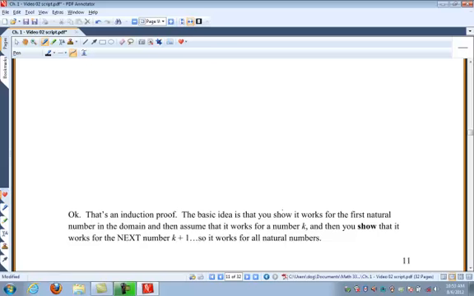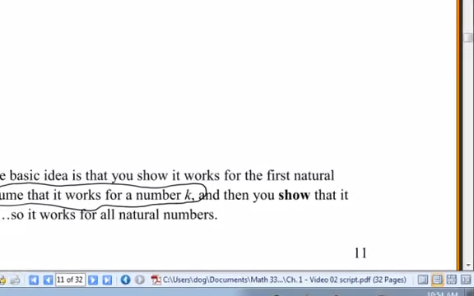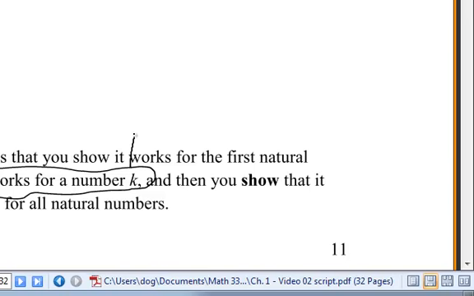The basic idea is that you show it works for the first natural number in the domain, and then you assume it works for a number k, and then you show that it works for the next number in the sequence, k plus 1. So then it works for all natural numbers. Now this is called the induction hypothesis.